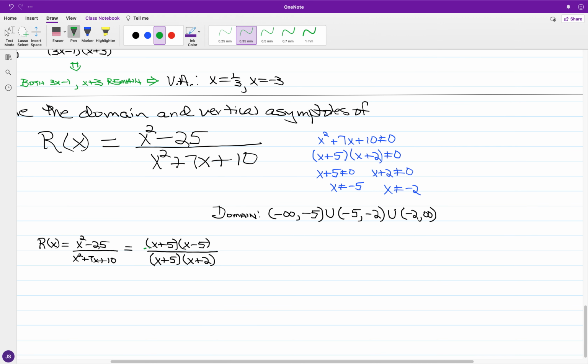So we're going to have x plus 5 cancel out. x plus 5 completely cancels. So x equals negative 5 is going to be a hole.